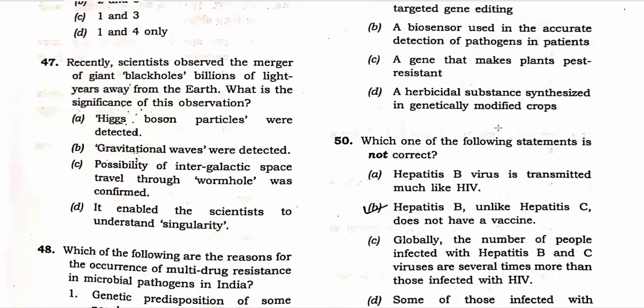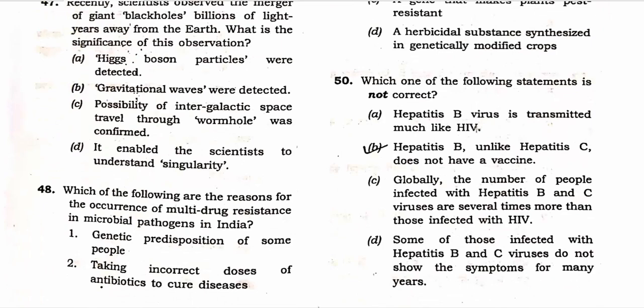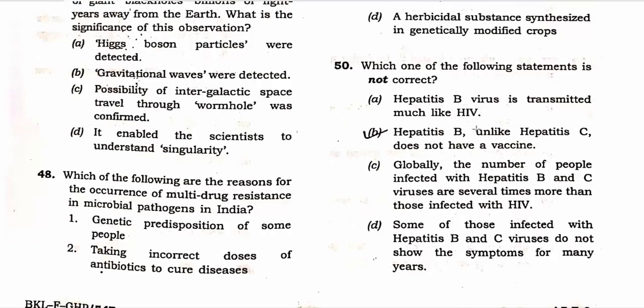Gene editing. 50. Which one of the following statements is not correct? For this particular part, you will have option A, hepatitis B virus is transmitted much like HIV. Yes. Hepatitis B, unlike hepatitis C, does not have a vaccine. We are not sure. Globally, the number of people infected with hepatitis B and C viruses is several times more than those infected with HIV.